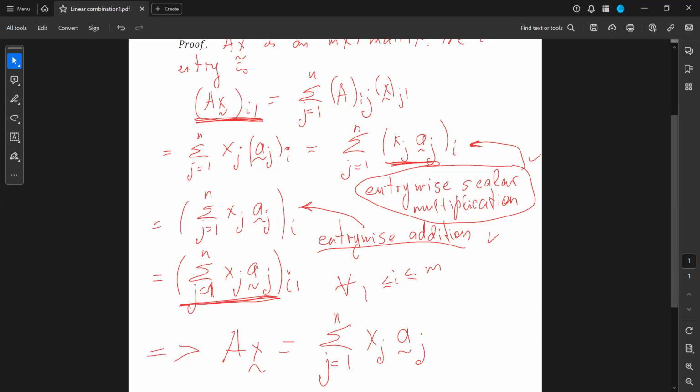Having the one entry is too formal. It is useful in the very first step when you apply the definition of matrix multiplication, but the one here is essentially not important. It is not doing anything. So that proves this theorem.